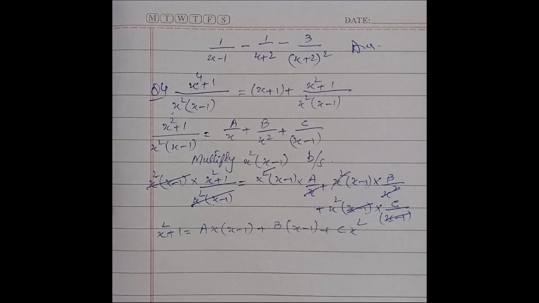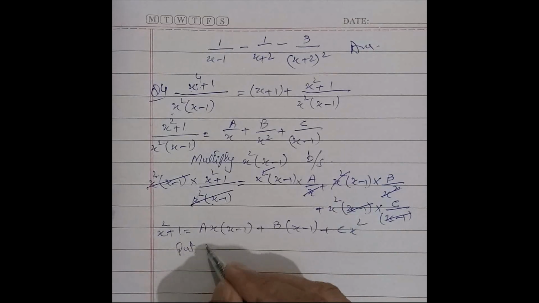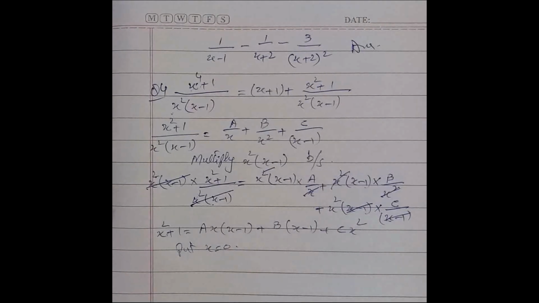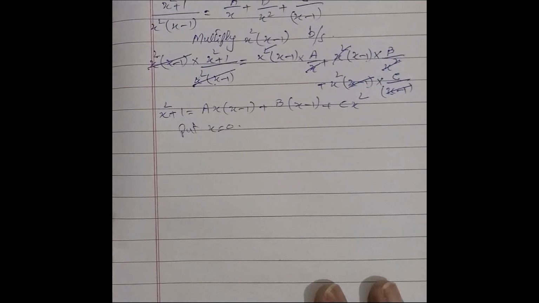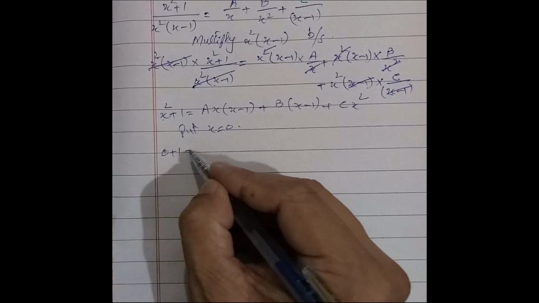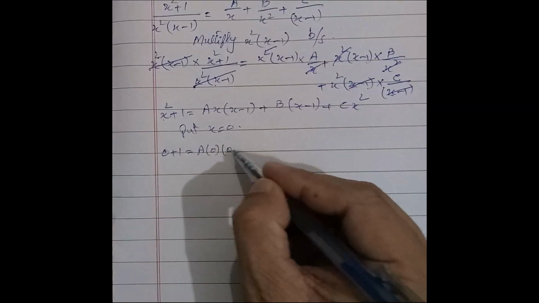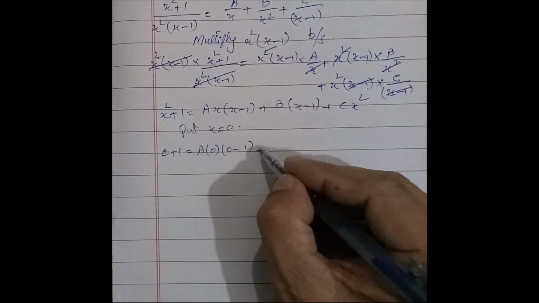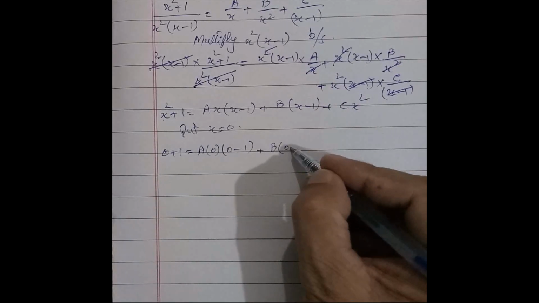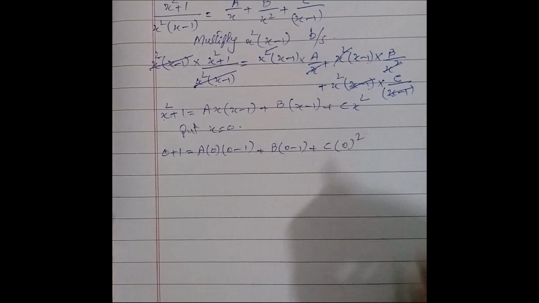So we first put x is equal to 0. Putting x is equal to 0, we get 0 square plus 1 is equal to a into 0 into 0 minus 1 plus b into 0 minus 1 plus c into 0 square.